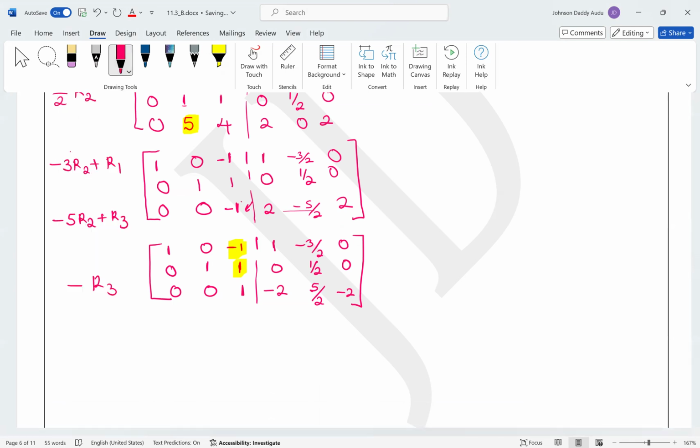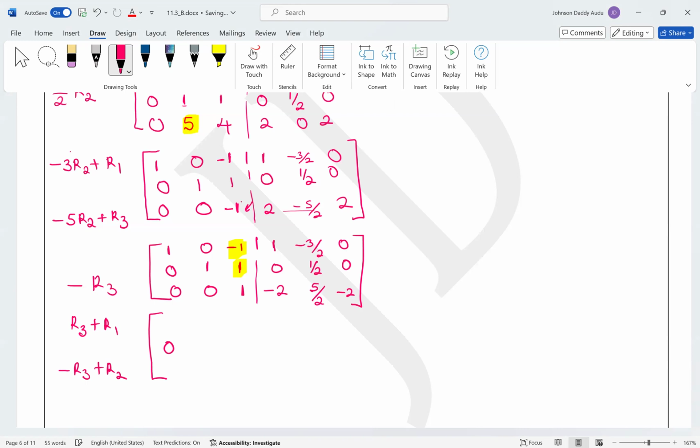For this to go to 0, we can use the operation R3 plus R1, and minus R3 plus R2.